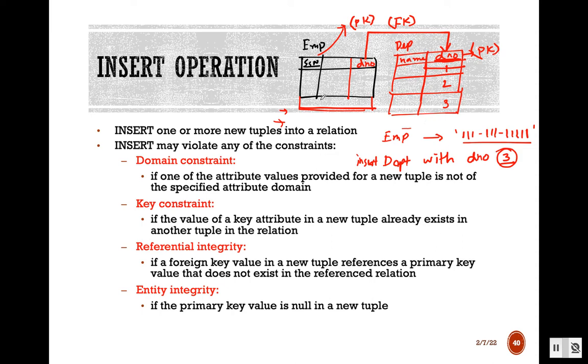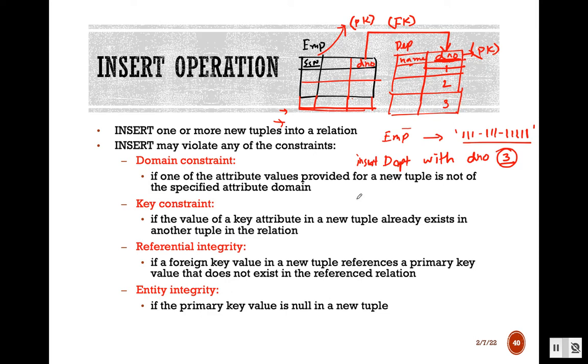For example, here DNO is the foreign key referencing DNO from the department table. So all the employees I have work in a particular department, and all the DNO values should already exist in the department table.